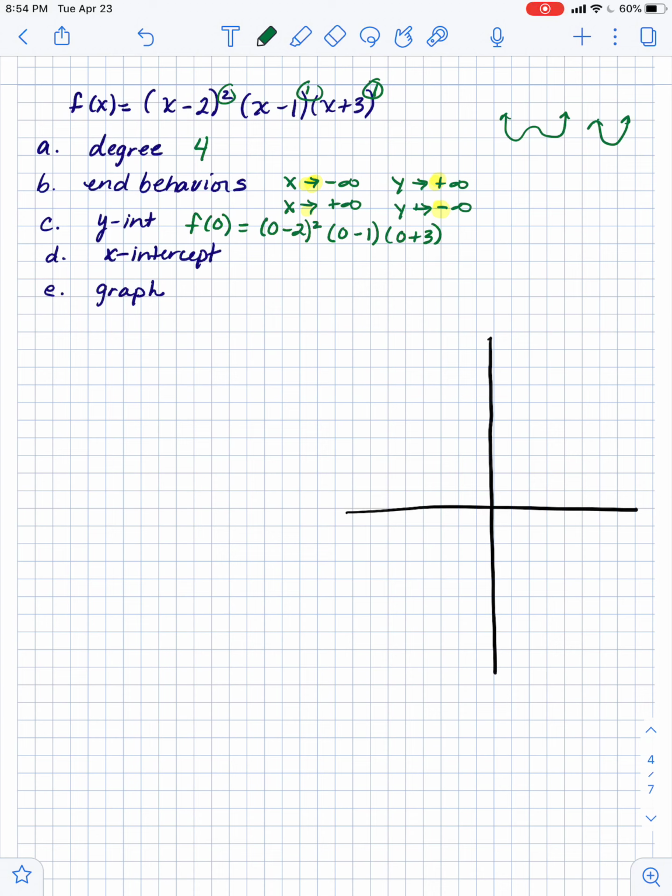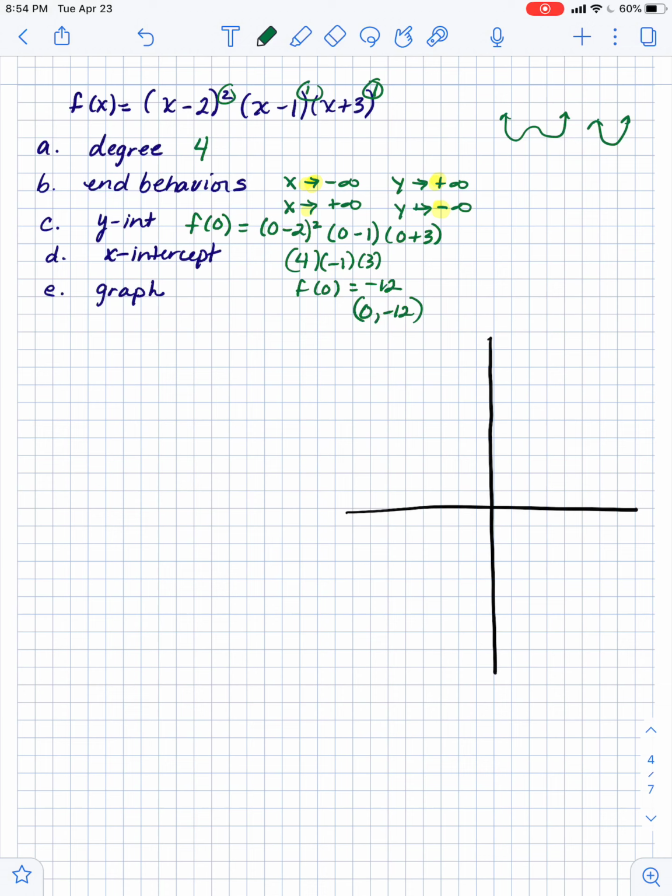So really what this is going to give me is negative 2 squared is 4, times negative 1, times 3. So f of 0 in this case is negative 12. Or as I've told you before, it means the point (0, negative 12). Okay, so we've got our y-intercept.